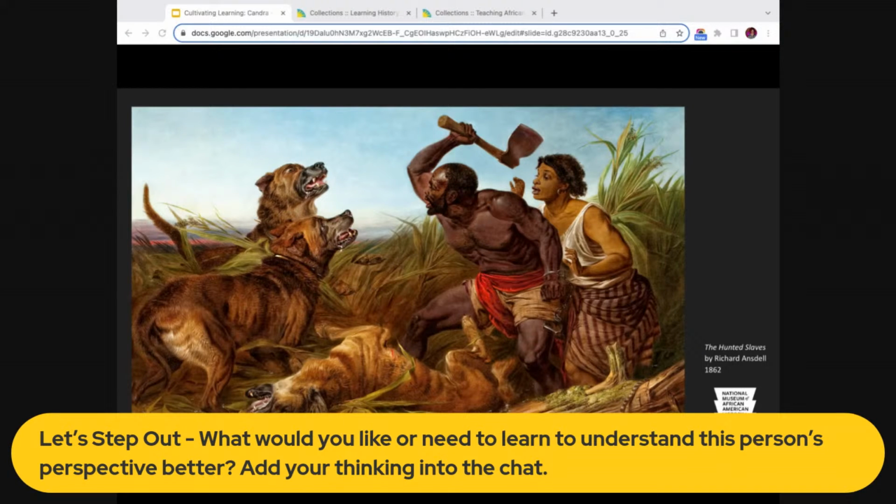I think there are also ways to talk about what the dogs represent in the way they're being presented in this space. It is a valid point to want to know more about the role of dogs in this time period and how they may have been used against enslaved people.